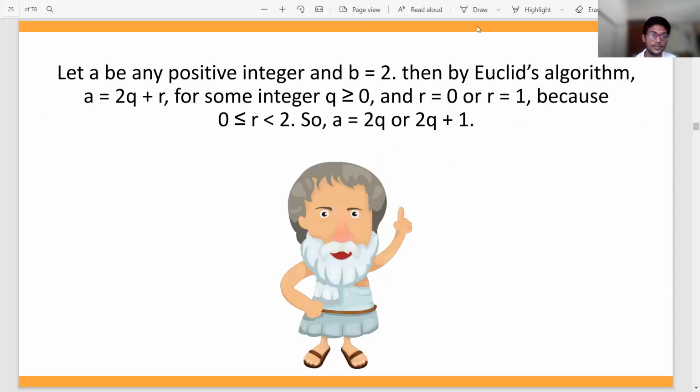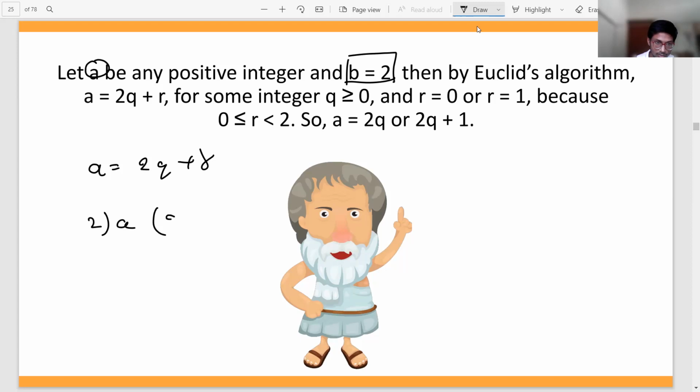Let a be any integer, and b as 2. Then by Euclid's algorithm, a is equal to 2 times q plus r, just like when we divide a by 2, with some quotient q, we get the remainder r.